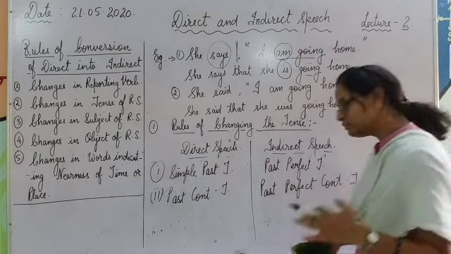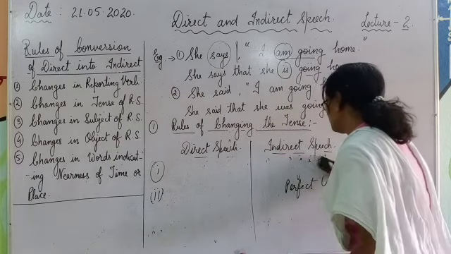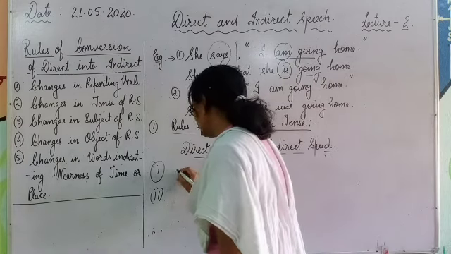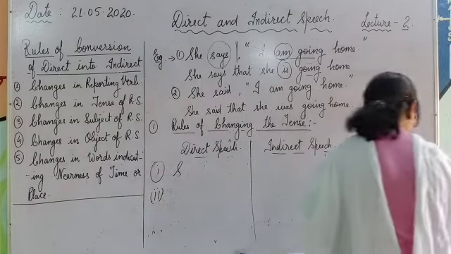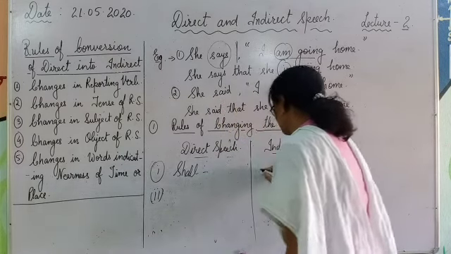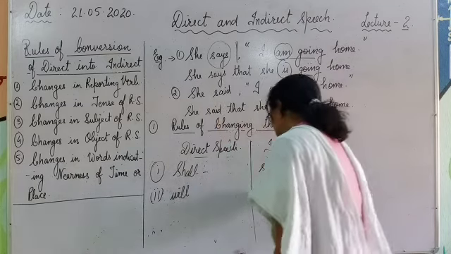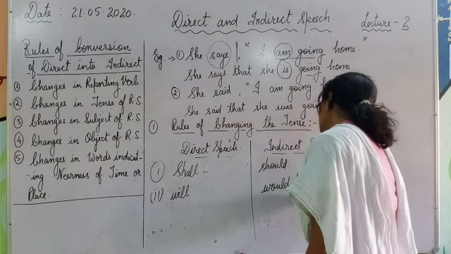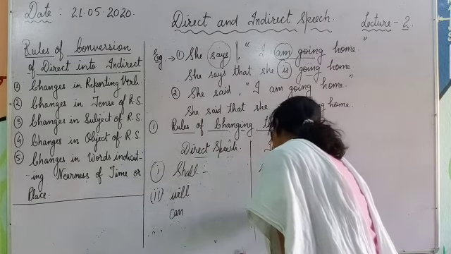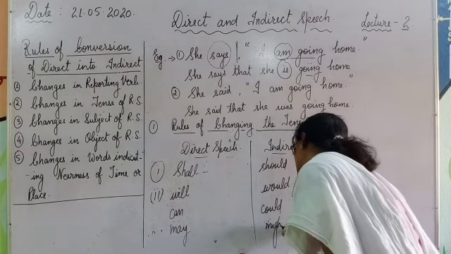Now let us see the future. Let us see what happens if the reported speech of the direct narration contains future tense. Shall will change into should, will into would or should, can into could, may into might, and so on.